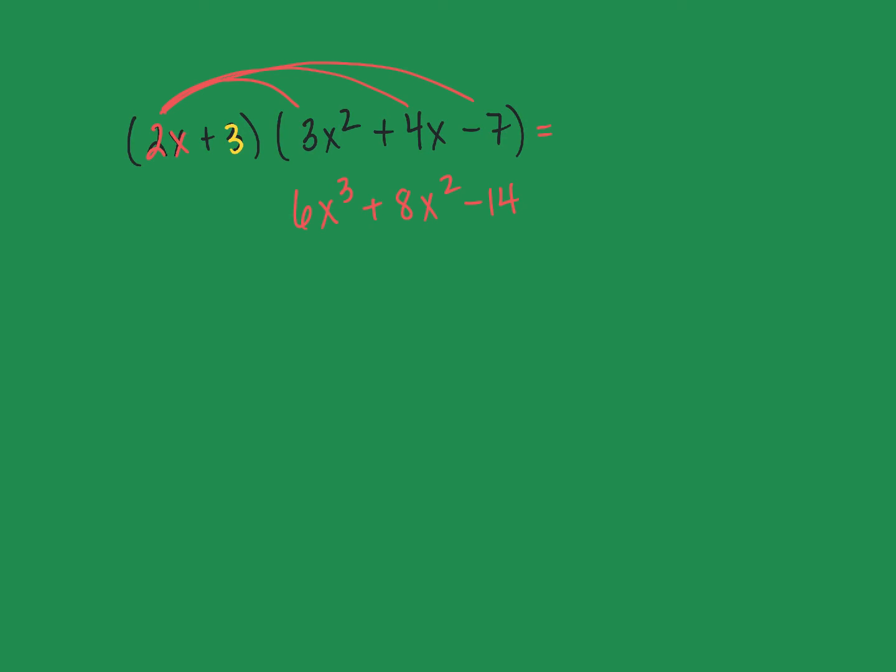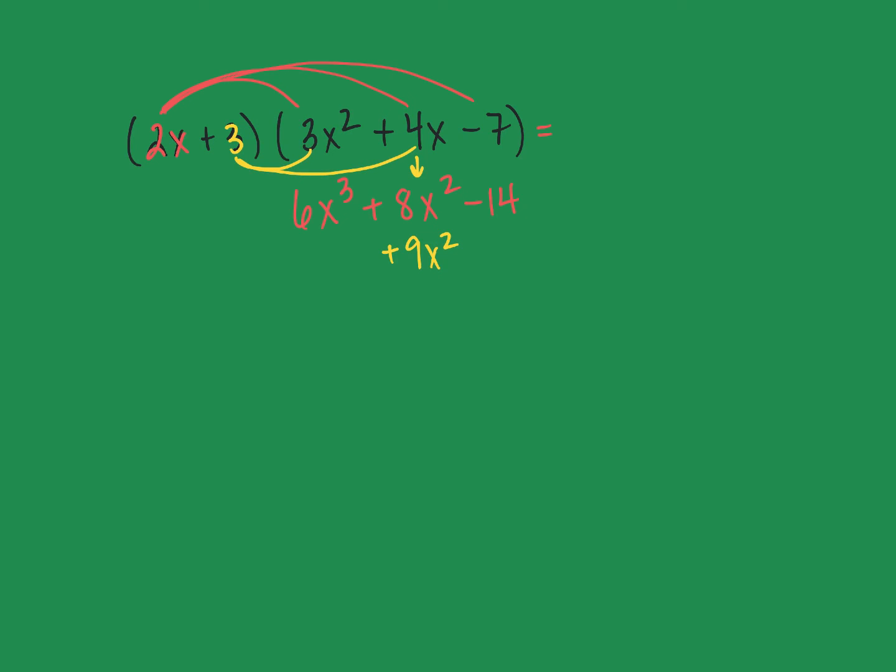Then I'm going to do the same thing with my 3. 3 times 3x squared. Instead of just stringing it along at the end back here, I'm going to line it up underneath where I am and combine my like terms so I can easily see what goes together. So 3 times 3x squared is going to actually give me a positive 9x squared. These two guys are like terms, so I put them in order together.